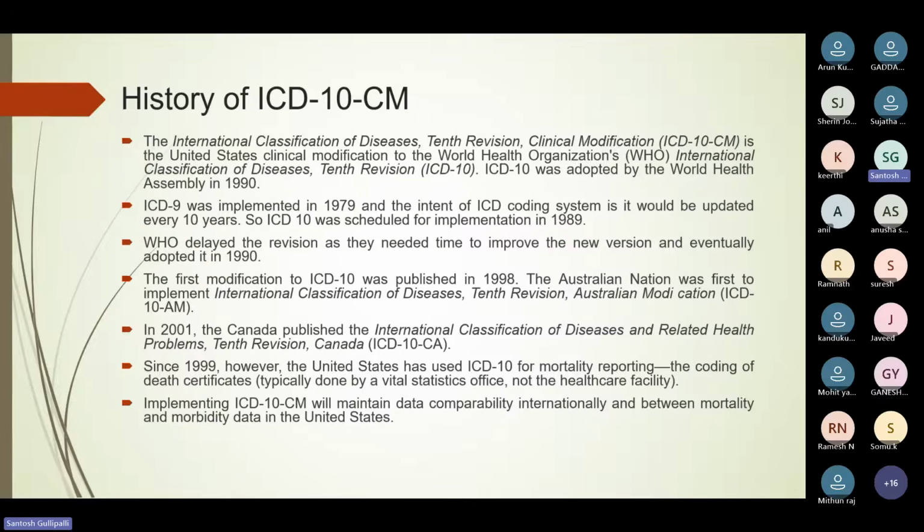ICD-9 was implemented in 1979, and the intent of the ICD coding system is that it would be updated every 10 years. So ICD-10 was scheduled for implementation in 1989. As per policy, the ICD coding is updated not every year, but every 10 years.